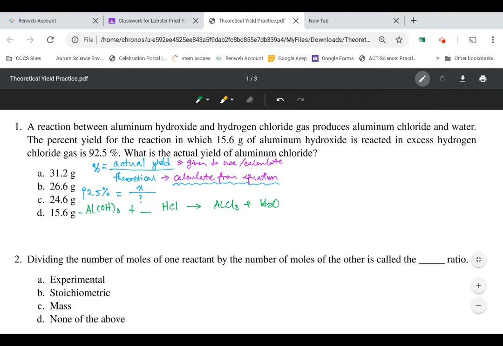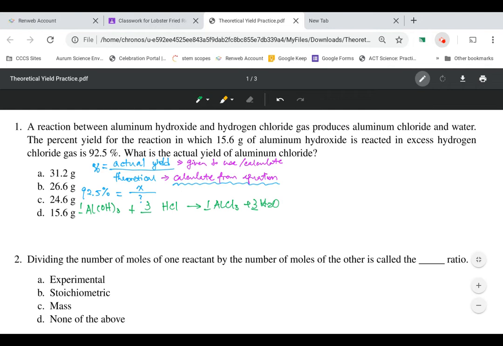Okay, then you have to balance the whole chemical equation. Okay, now it's balanced. 3, 1, 3, 1, 3.